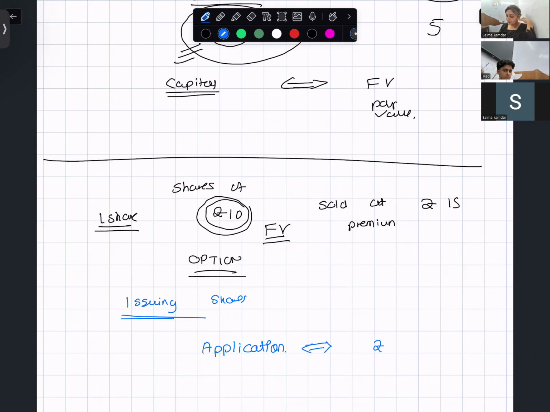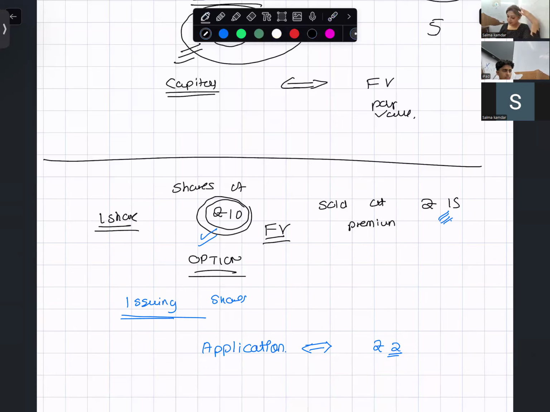Say I am asking only rupees 2. Shares is of 10. I am selling it at 15. But I tell the people that when you apply for the shares, you pay only 2. That means you have applied, you have shown interest in the application, you will give me the application money.